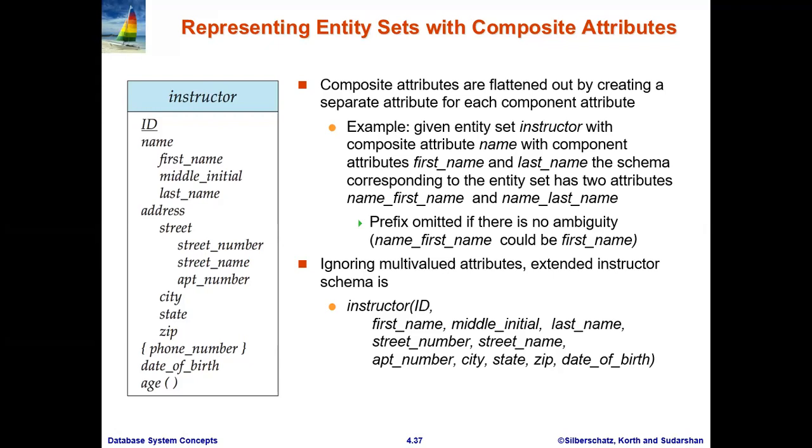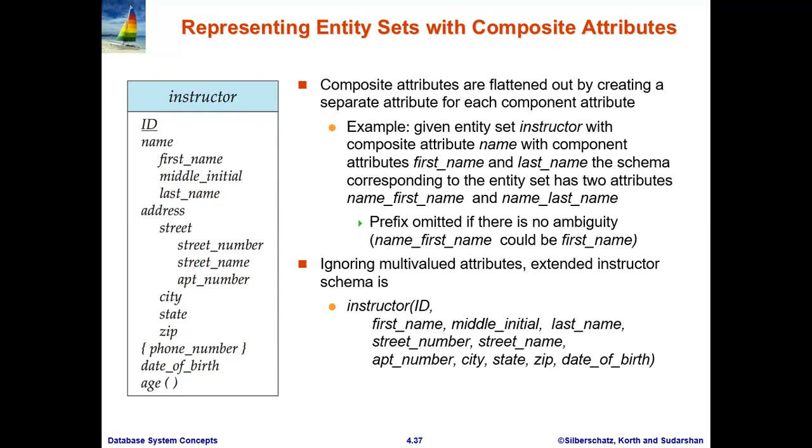ID, comma. Now name is a composite attribute, so we can represent it by using each component attribute. We are removing the prefix because it is not creating any ambiguity. There is no ambiguity about name.